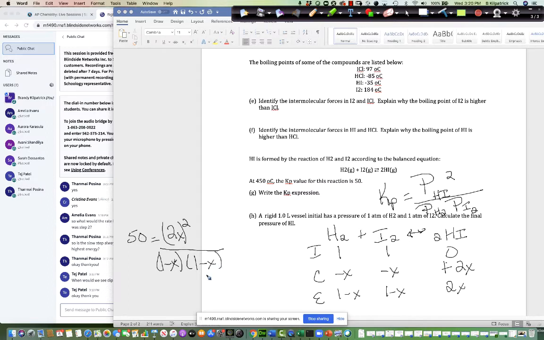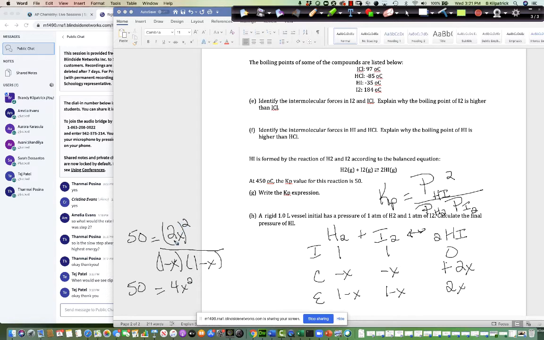Now, normally we would use approximation here. You can't do that because Kp is pretty large. It's larger than 1. K has to be less than like 0.001 at least. So that's not the case here. We are going to have to use quadratic, but this one actually ends up being pretty simple for the math. So 50 is equal to 4x squared.